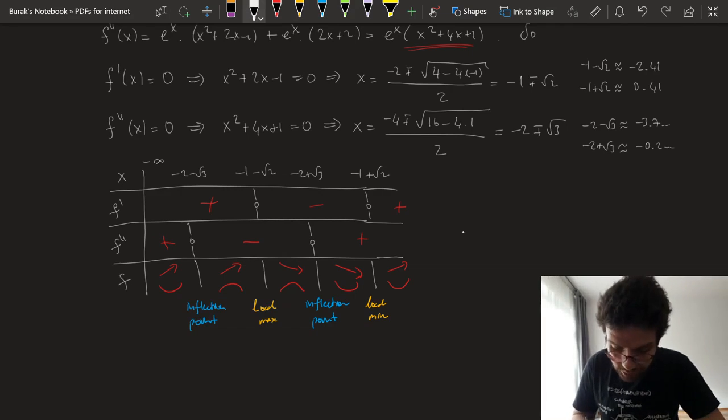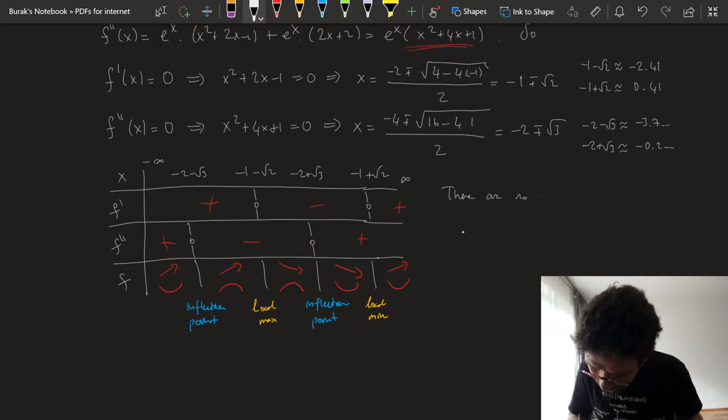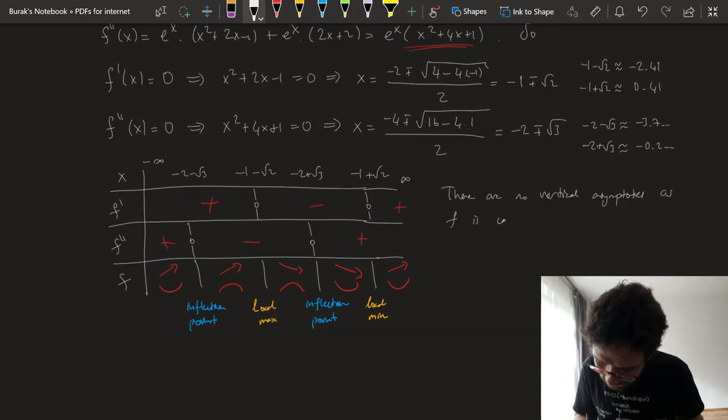Now let me figure out, this function is continuous everywhere, so there are no vertical asymptotes. There are no vertical asymptotes as f is continuous everywhere.